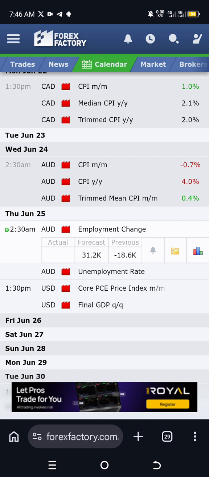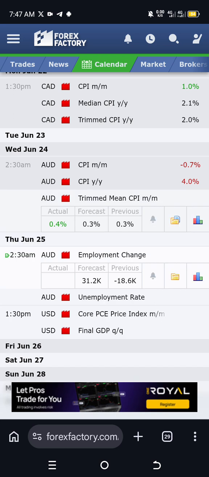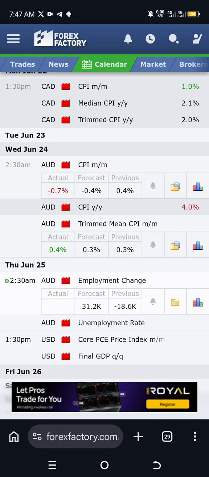Let us click on that Australian news that was released this morning, Trimmed Mean CPI. You can see it. I said it before I even opened it: if the actual result is greater than the forecasted figure, it will show green. Are you seeing it now? But if the actual result is less than the forecasted figure, it will show red.